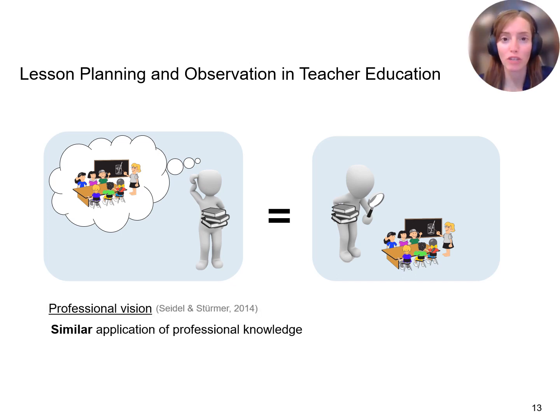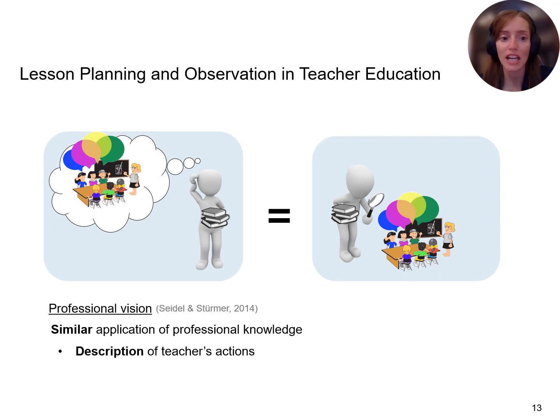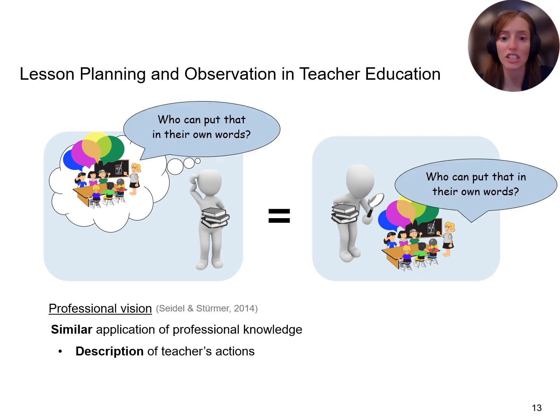Based on the framework of professional vision, a similarity between planning and observation is that they require the application of professional knowledge related to principles of teaching and learning when reasoning about classroom teaching situations. Either when planning or observing, we can describe teachers' actions. For example, in this classroom discussion, the teacher is responding to students' contributions with questions such as this one.